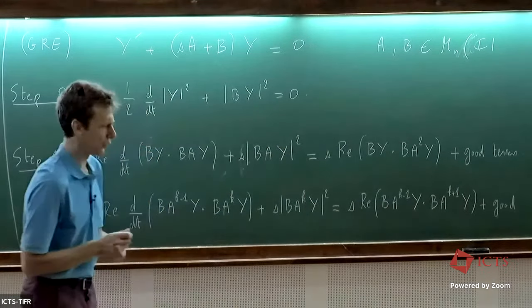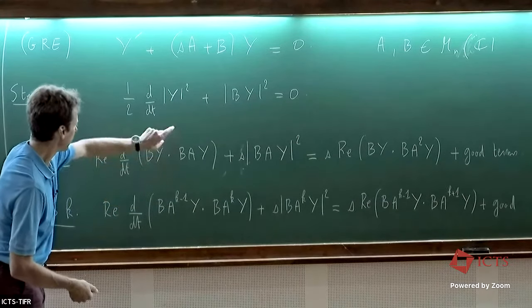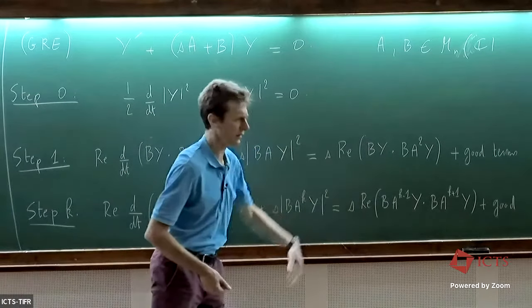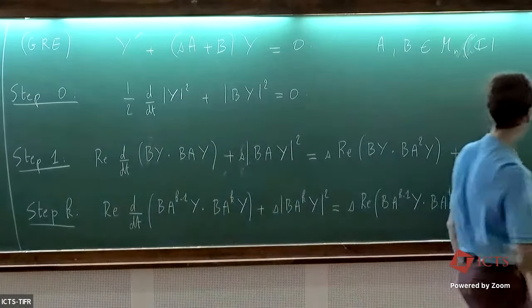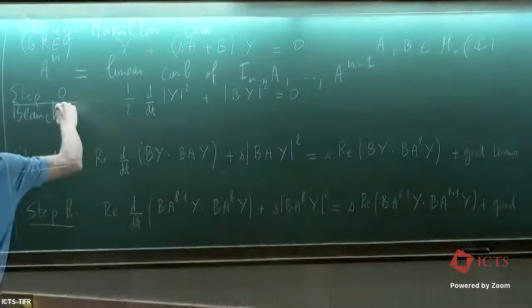The only difficulty is to find some combination that indeed allows you to kill all the right-hand sides. So it has been done by Bouchard and Zouazoua. Let's call it the Bouchard and Zouazoua functional.